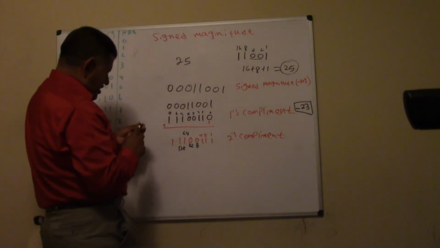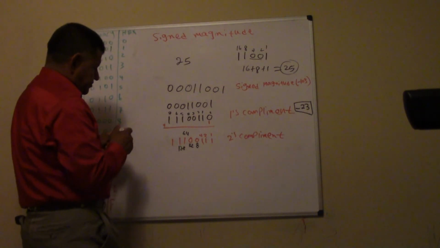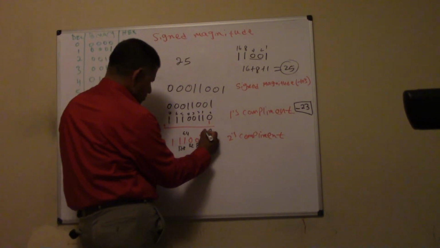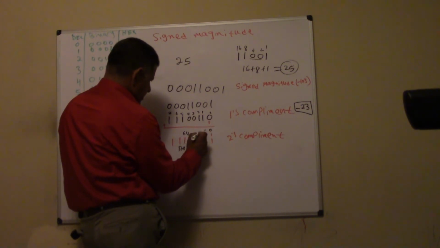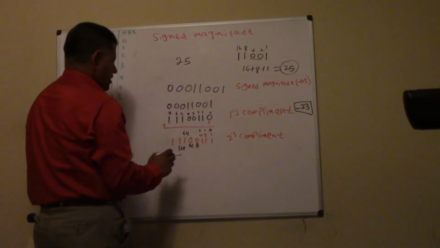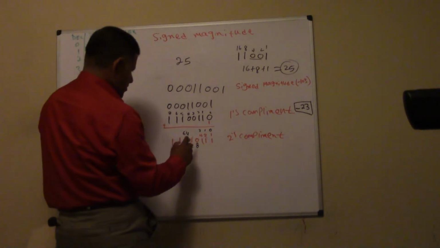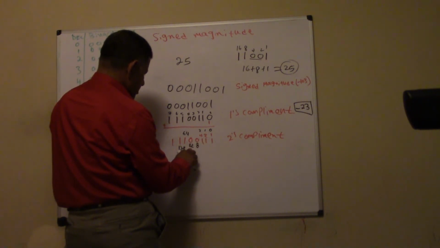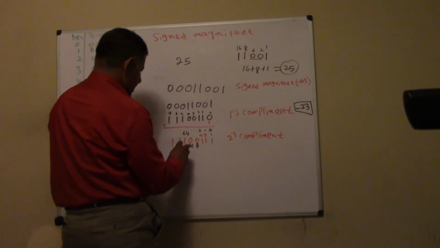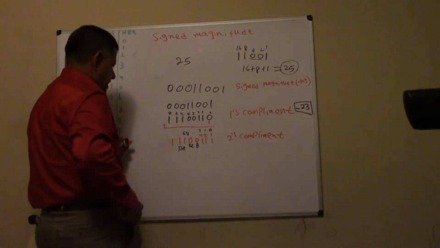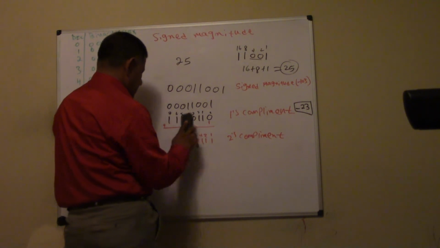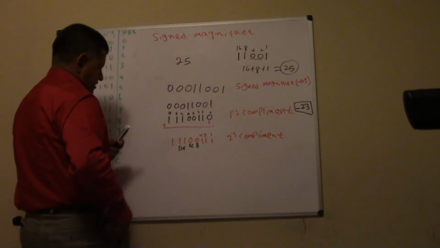Okay, so here, let's see, 0, 1, that's 1, 2, 3, 4, okay, I am missing something, that's the error here.